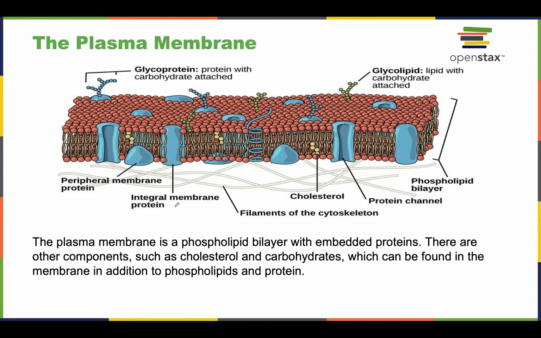Some of these integral membrane proteins have openings inside them such that they provide a pathway for some molecules to pass into and out of the cell. In that case, we call them a protein channel. The proteins that are not embedded into the plasma membrane, but are sitting on either side, are called peripheral membrane proteins.